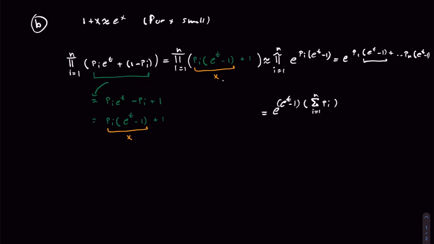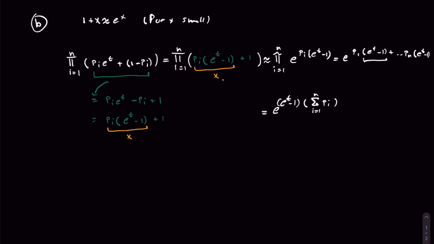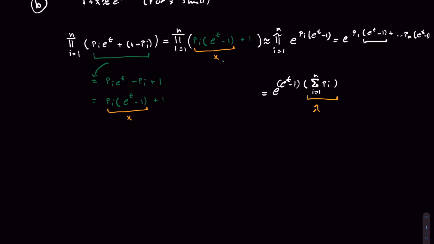And in fact, this term here is lambda. That might be a little unclear, to see how that term becomes lambda. So let me just show you what assumptions that is based on. It's based on the Poisson approximation. But let me continue ahead.